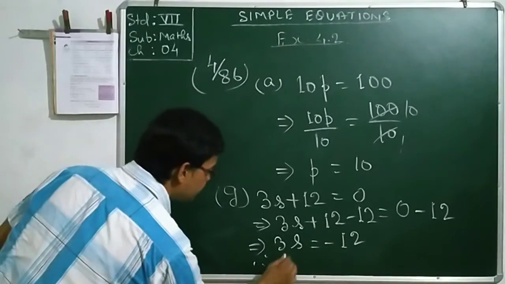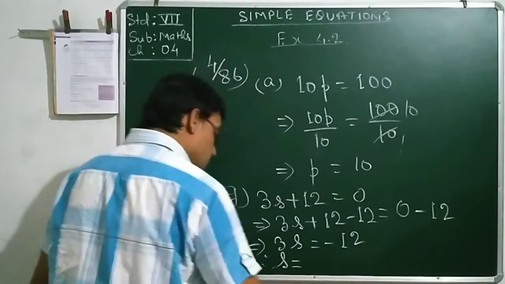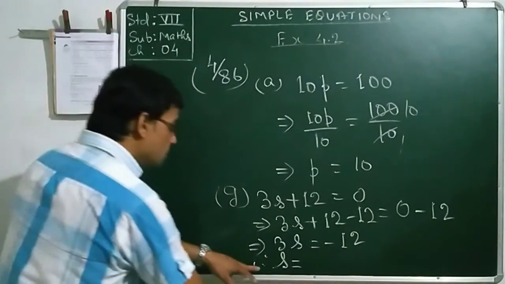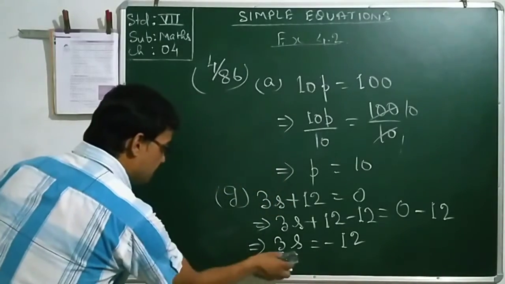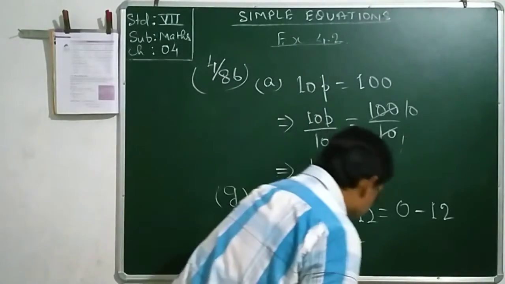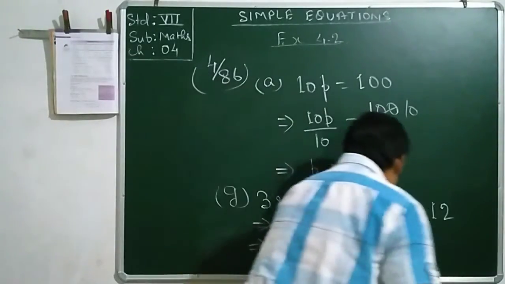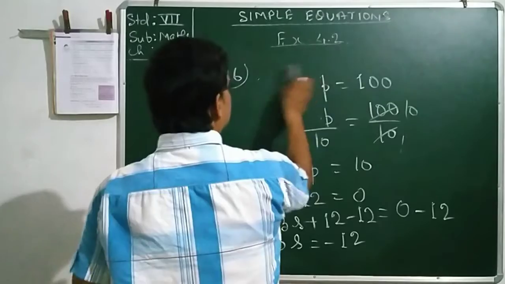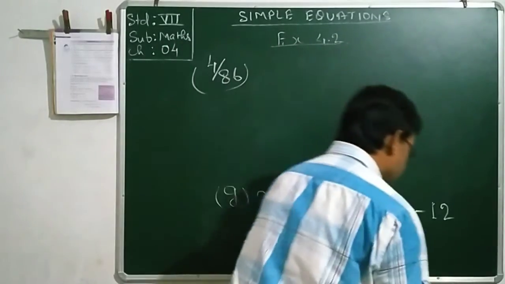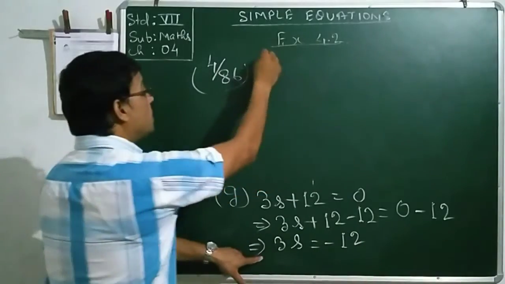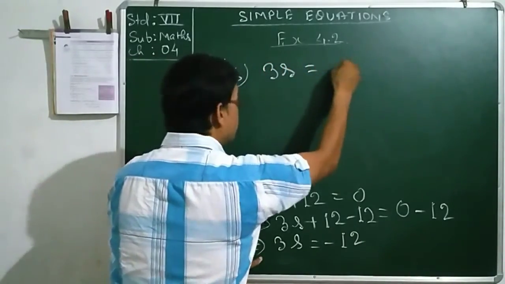Therefore, s equal to... I am lacking space here. Once again, we will separate this 3s. Let me write the term 3s equal to minus 12.